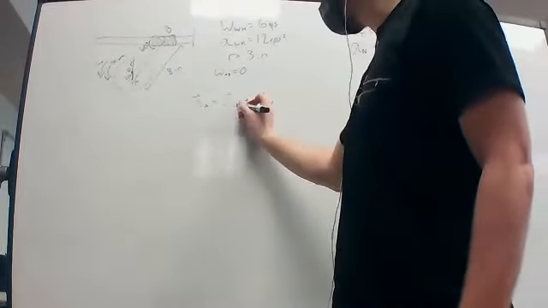So we can say equal to acceleration at B. We know that acceleration at B is going to be perfectly this way to the right because it's a slider locked into left and right movement.